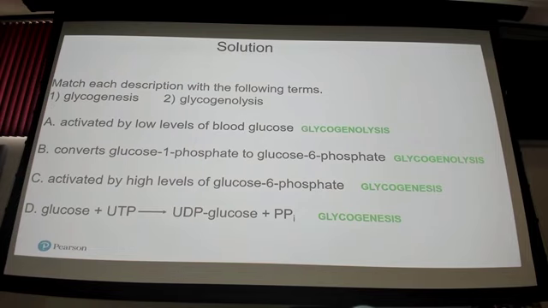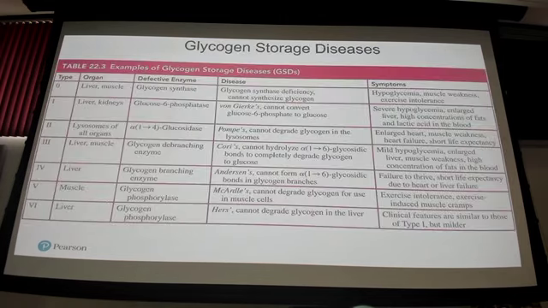All right, so here are a number of glycogen storage diseases. I recommend that you look at this slide, know the differences between the defective enzymes, what the disease is, and the symptoms.